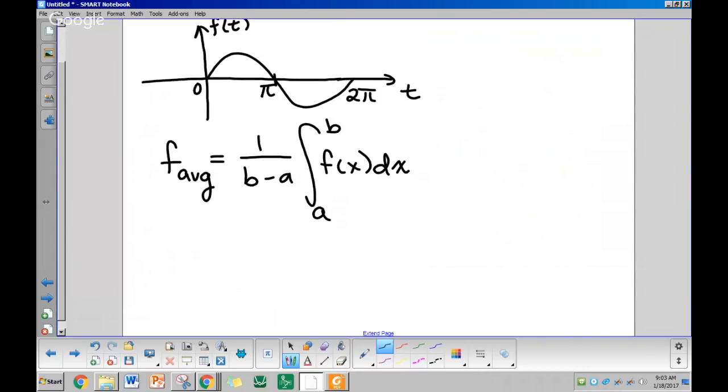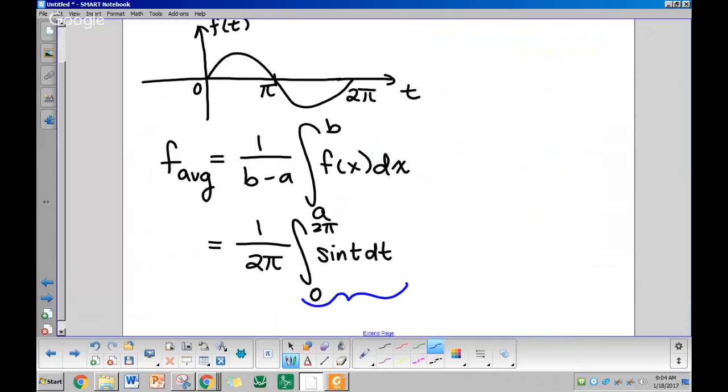makes that true. So this is going to be 1 over b minus a. Well, b is 2 pi, a is 0, so that's just 1 over 2 pi, times the integral from 0 to 2 pi of sine of t dt. But graphically, what does this integral represent? The area under sine of t from 0 to 2 pi.